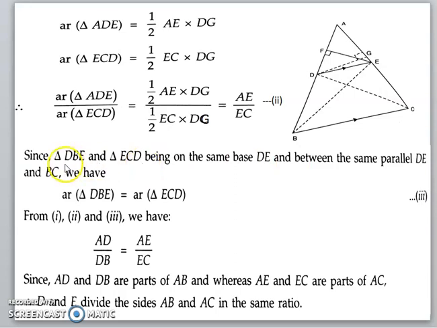So with that we will get DBE's area and ECD's area are equal. So therefore the first and second relation we can equate. So with that we will get AD by DB is equal to AE by EC. So this is what we have to prove.